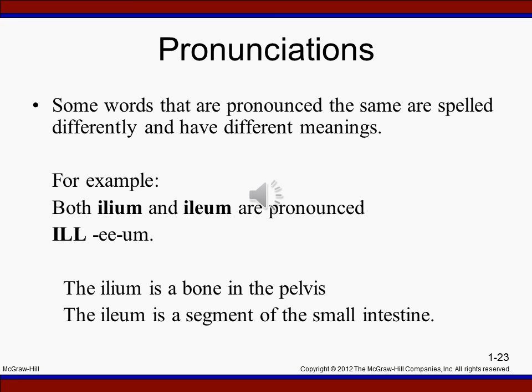So take a look at these two words here on the slide, ilium and ileum. They are both pronounced the same, but they are spelled differently. The first one is spelled I-L-I-U-M. This is a bone in the pelvis. The next word, spelled I-L-E-U-M, is a segment of the small intestine.